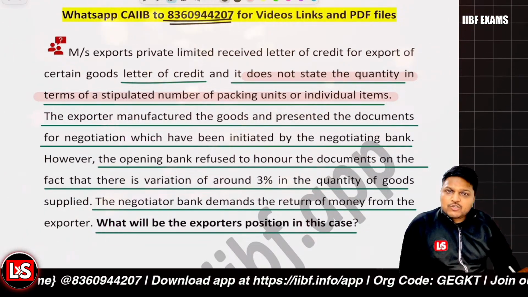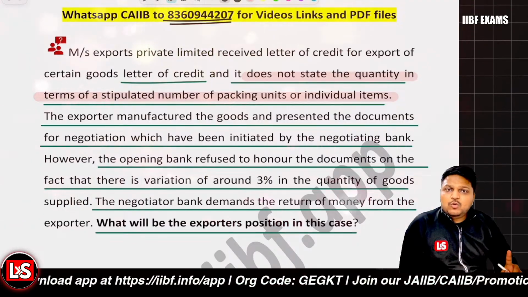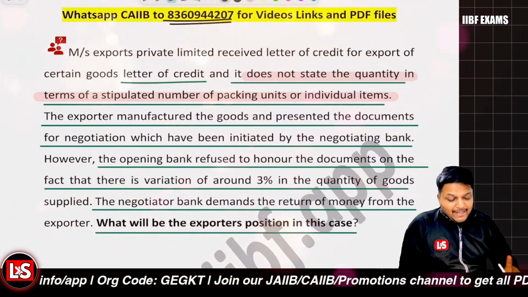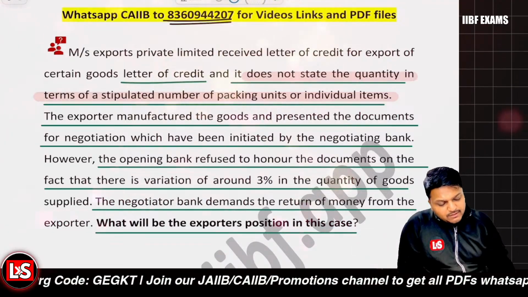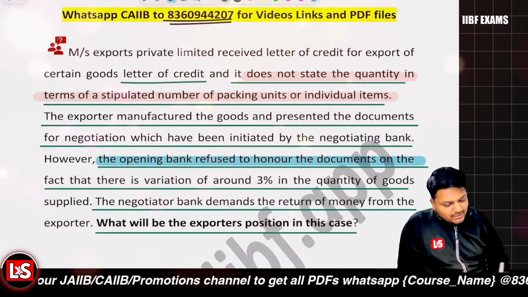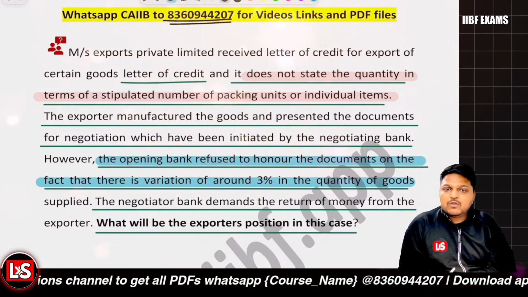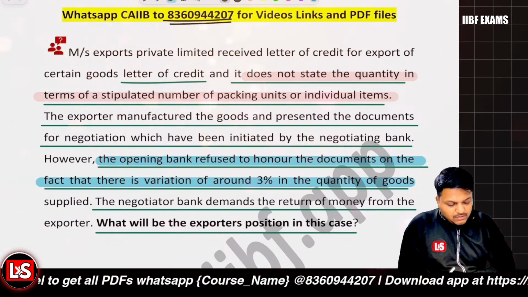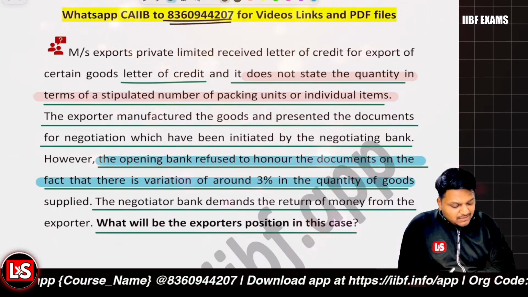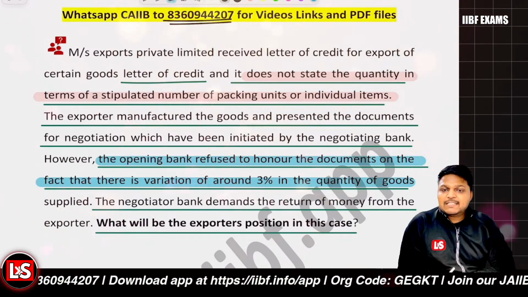The negotiating bank has negotiated the documents, and the documents have been presented to the importer's bank, the issuing bank. The opening bank refused because there is a variation of around 3% in the quantity of the goods. Now the negotiating bank is asking for return of the money from the exporter. So what will be the position of the exporter?